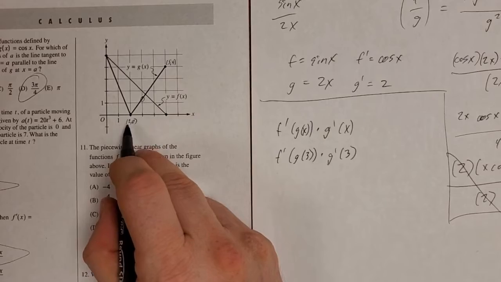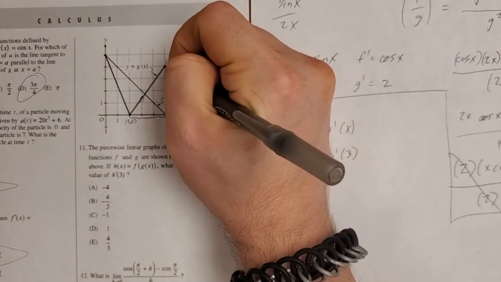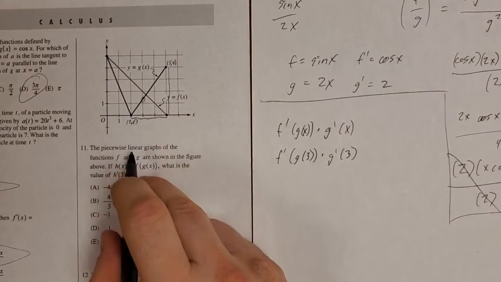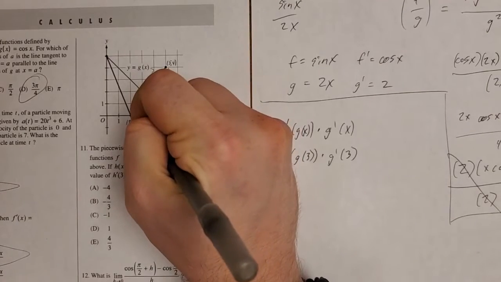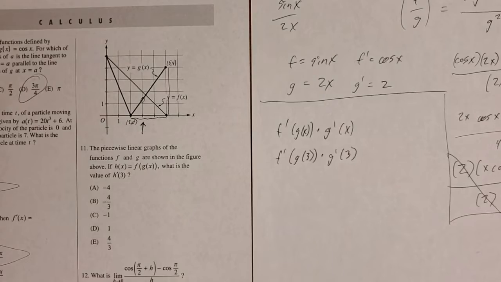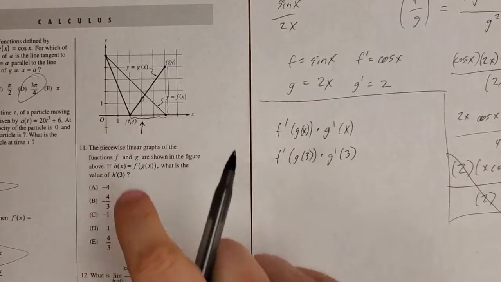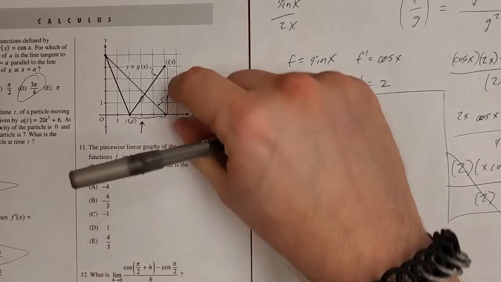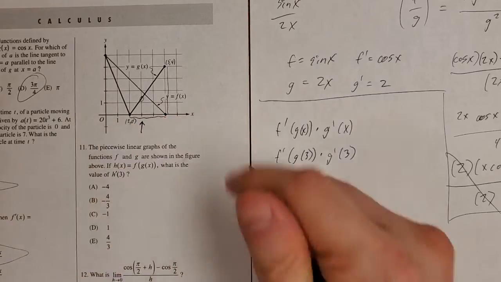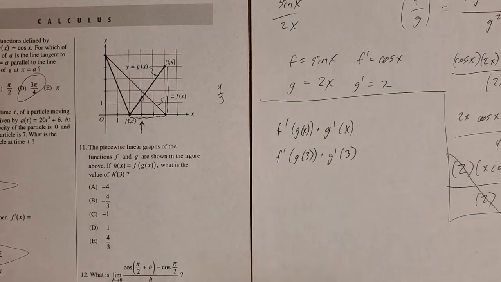And so this distance is 3, this distance is 4, and we're interested in x equals 3 right there. So per the slope, it goes up by 4 and over by 3, so the slope is 4/3.